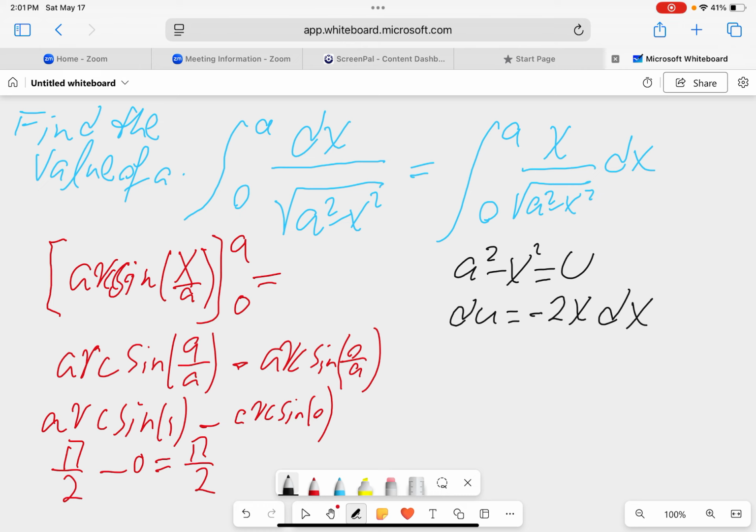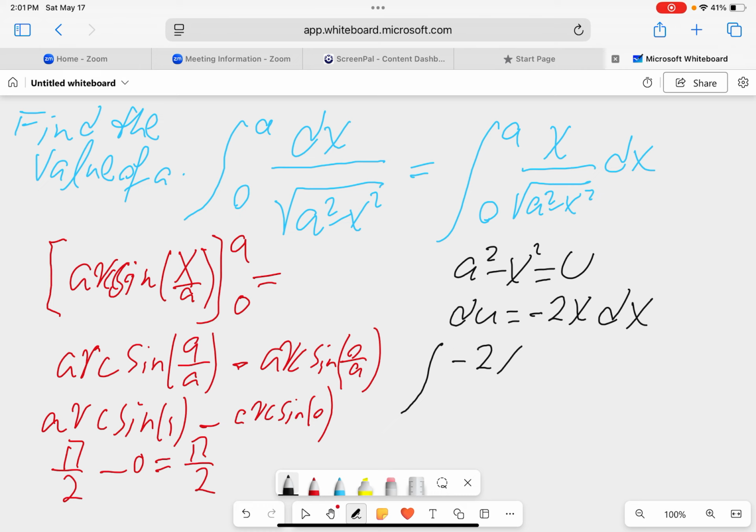And we're going to substitute this information in the right integration. So I have integration of negative 2x dx.